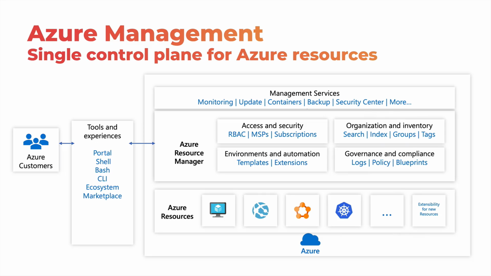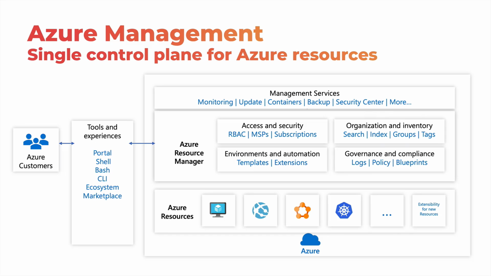So ARM has a set of templates and extensions that enable automation. The ARM templates, which are written in JSON, can be very easily updated based on your versioning system, and you can use infrastructure as code through ARM templates. Now, ARM has well-defined resources: the VMs, the Kubernetes clusters, the database instances, everything is an ARM resource.